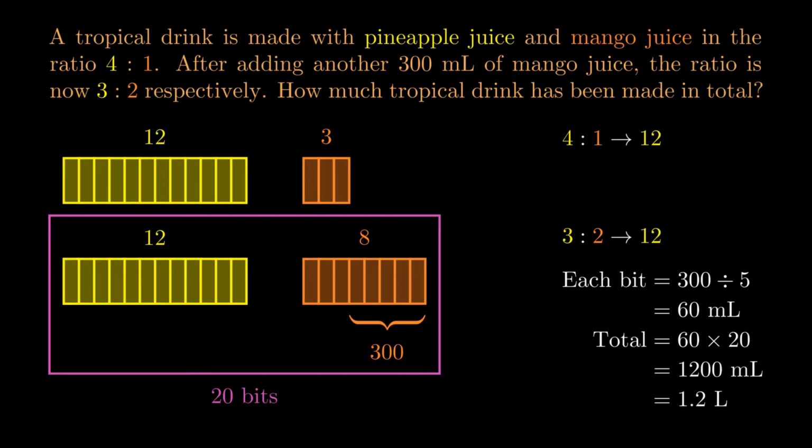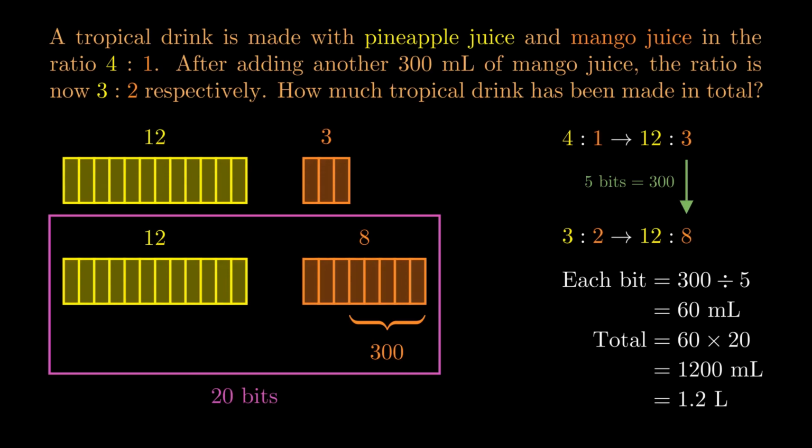We fix the ratios by making sure we multiply the other number appropriately too. So in this case, the top one had to multiply by 3 and the bottom one by 4. Now we've made sure the bits between the ratios are equal in size by making the yellow numbers the same as they should be. We can meaningfully compare the orange numbers to see that 5 bits equals 300 mils.